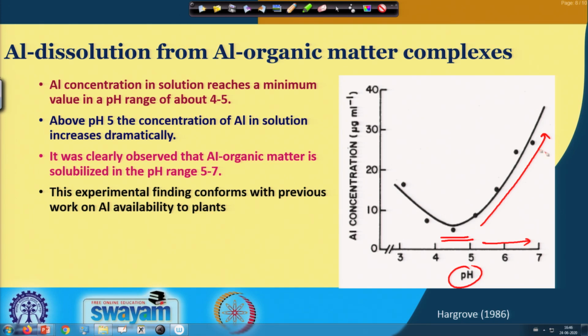So, obviously, when there is solubilization, aluminum concentration in the soil solution will increase, and this experimental finding agrees with previous work on aluminum availability to plants. So, this shows the aluminum dissolution from aluminum organic matter complexes, and how this dissolution is influenced by the pH of the soil solution.